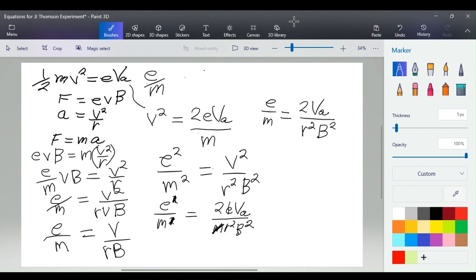The radius, which I don't know from that picture we looked at, what was spinning in that Teltron tube, and then the magnetic field, which can be determined. So I can plug all these numbers in, then I get the mass to charge ratio, which makes me very happy.